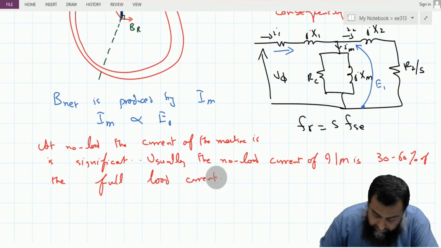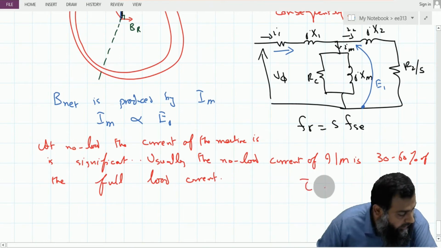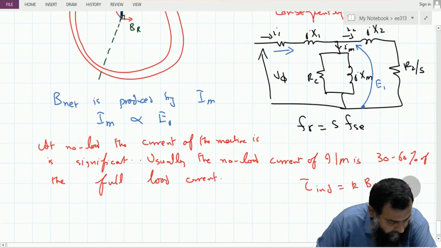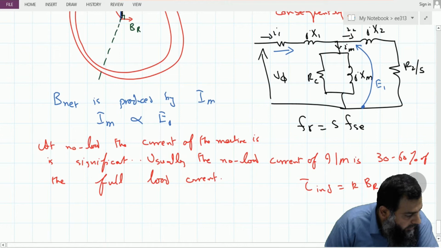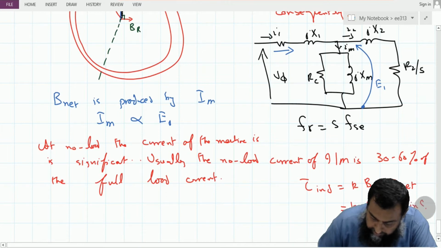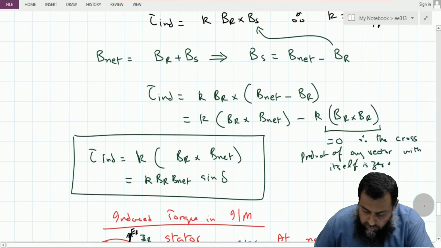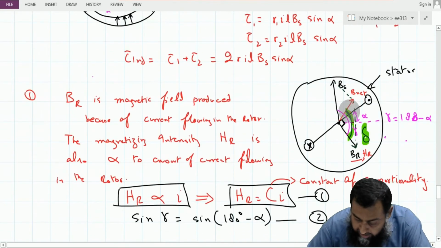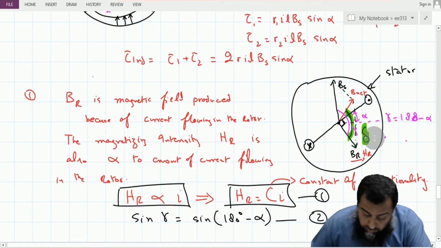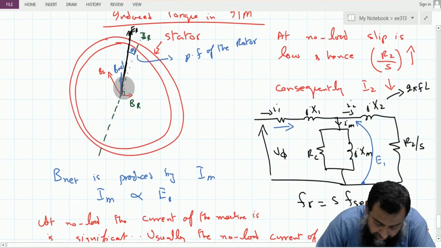And we have already seen that the torque which is induced in the motor is equal to K times BR into B net, which is K times BR B net into sine delta. And by the way, we have also seen that this delta is the angle between this BR and this B net, right? So in here, this BR and B net, this is the delta here.